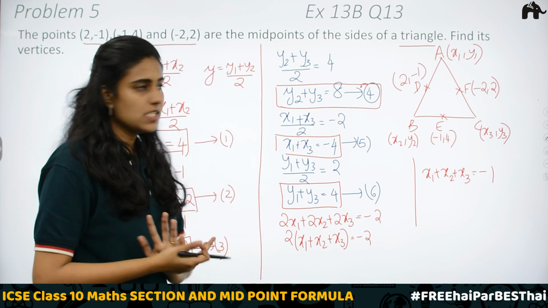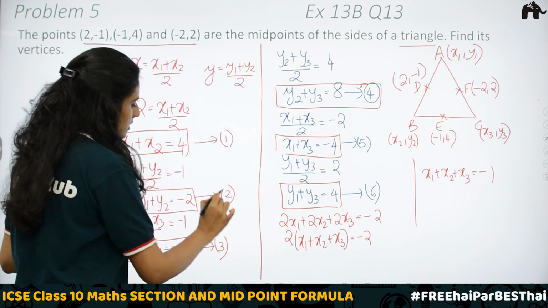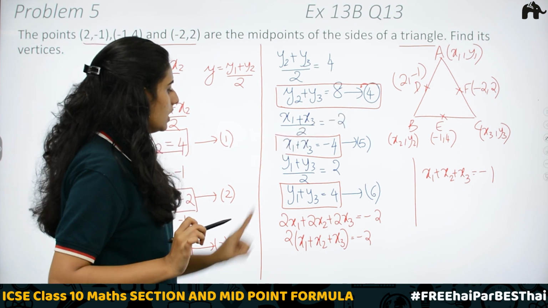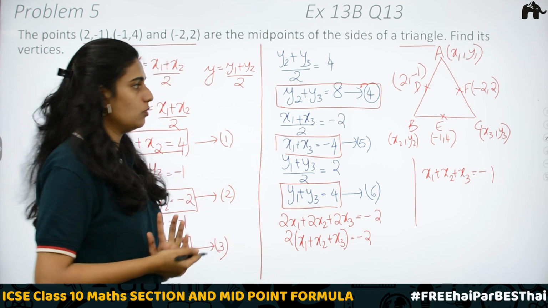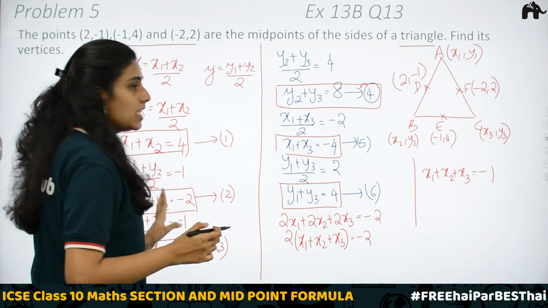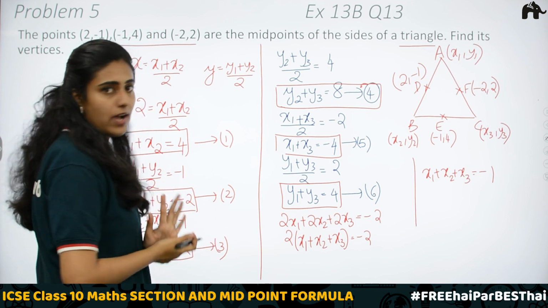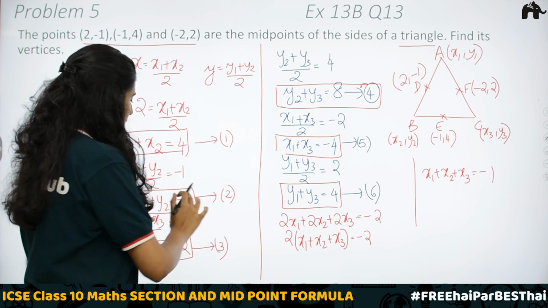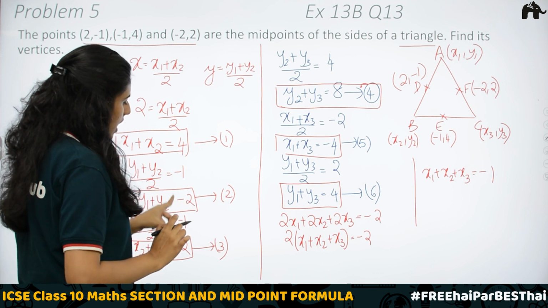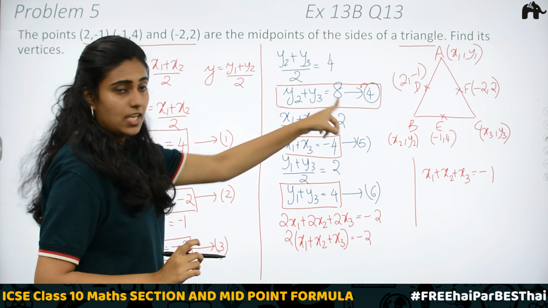Similarly, we can find y1 plus y2 plus y3, adding the second equation, fourth equation and the sixth equation. What do we get? 2y1 plus 2y2 plus 2y3 on the left hand side. Right hand side, what do we have? Here we have minus 2. Here we have 8.